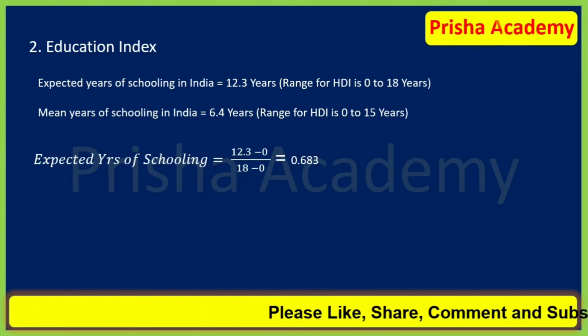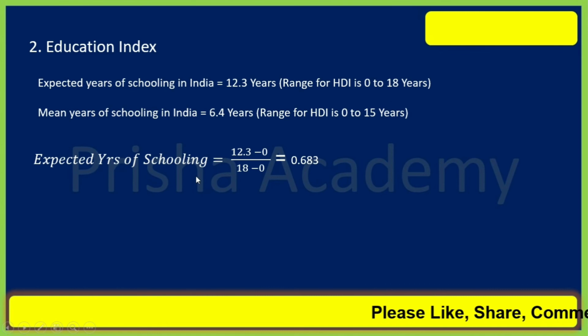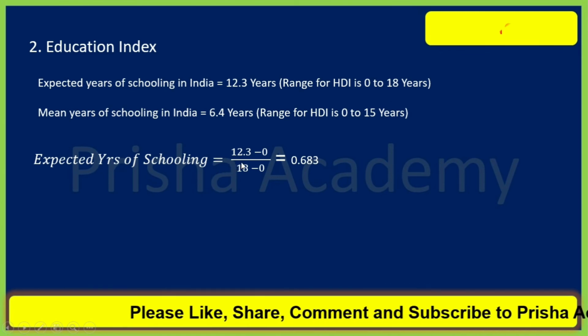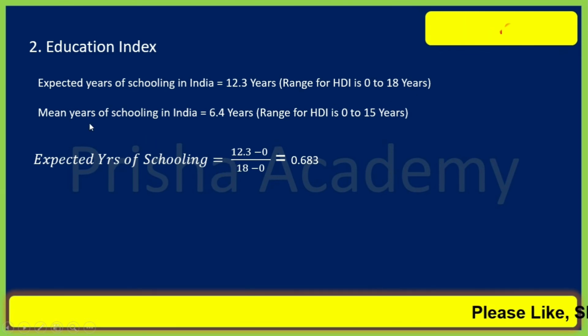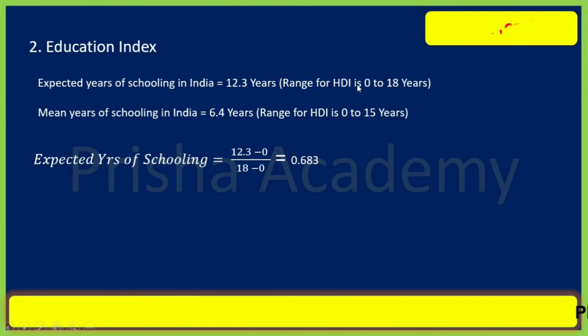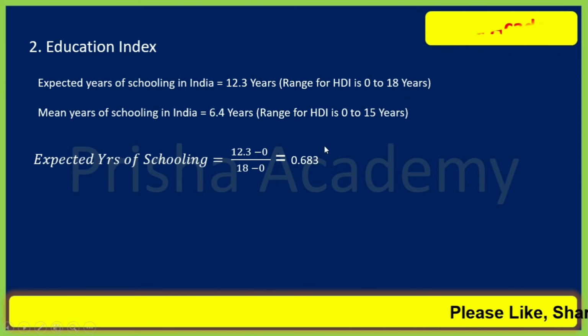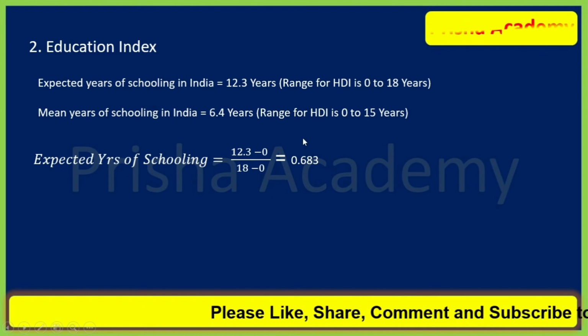Now we'll calculate the education index. First, let's see the expected years of schooling. The expected years of schooling in India is 12.3, and the minimum range is 0, divided by the highest range, that is 18 years, minus the minimum years, that is 0.